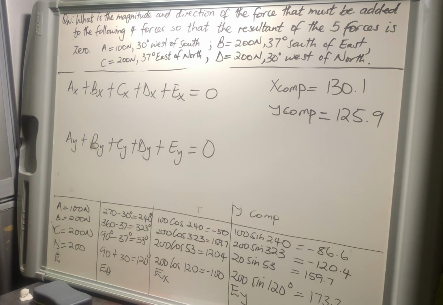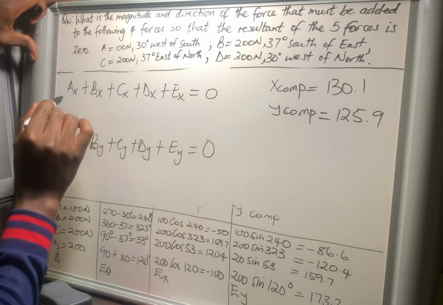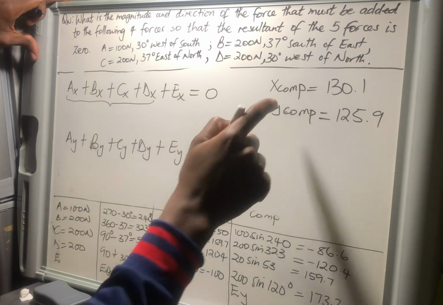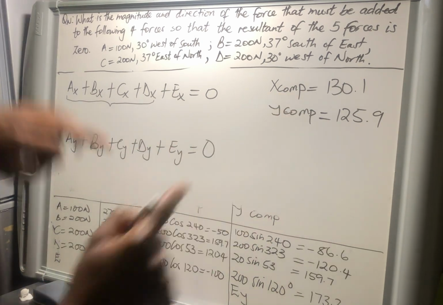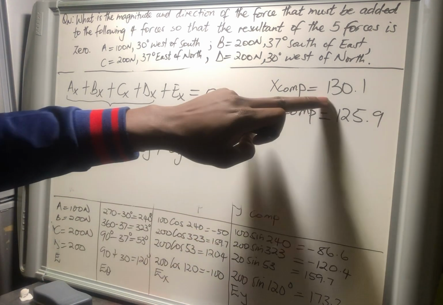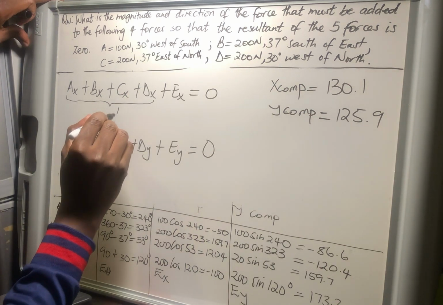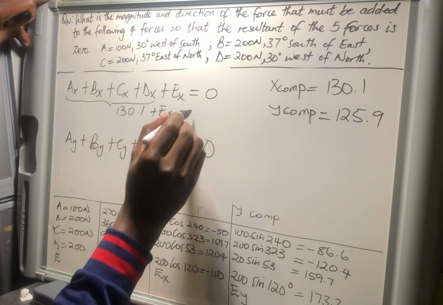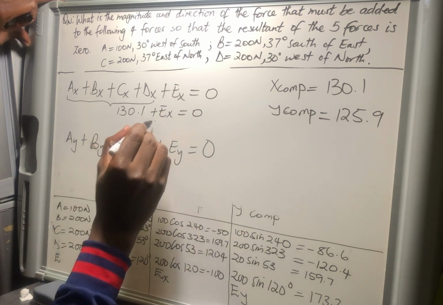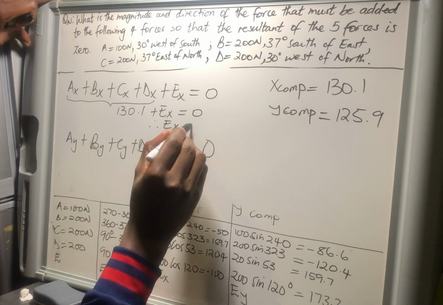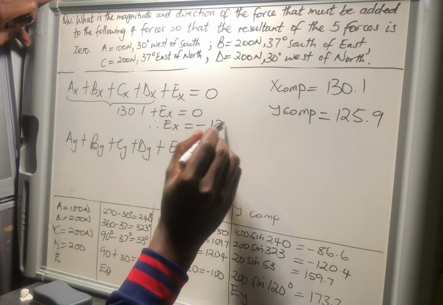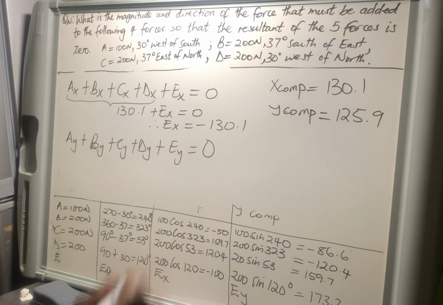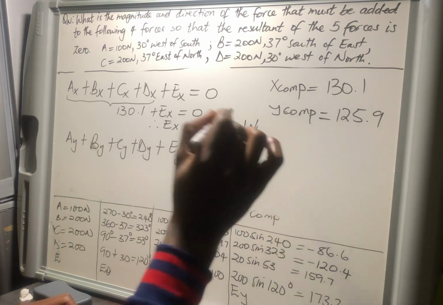So remember, when I added all these up to this one, I got what I call an x comp. So I'm just going to write 130.1 plus ex, and this is equal to 0. Therefore, ex is equal to negative 130.1. So if you take this to the other side, it will give you 130.1 newtons.